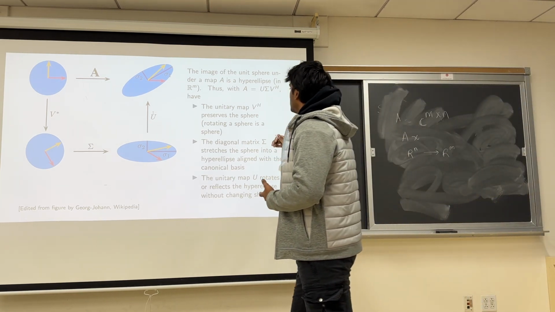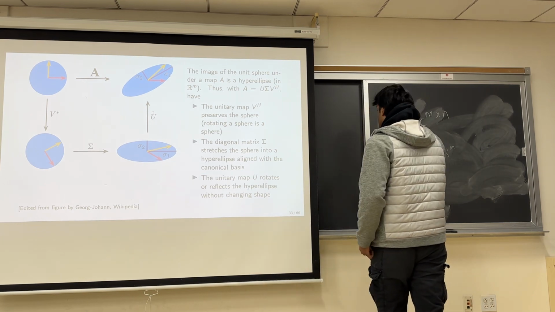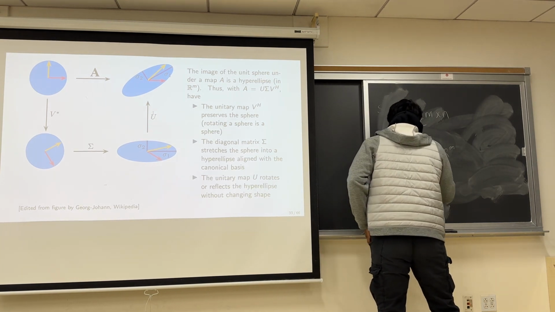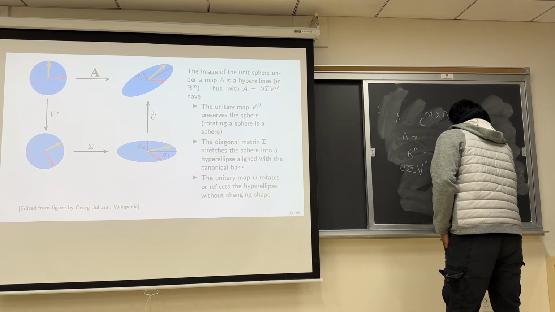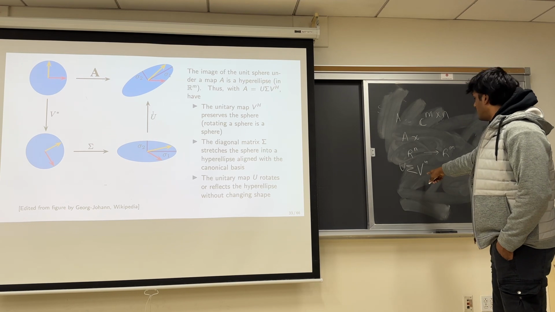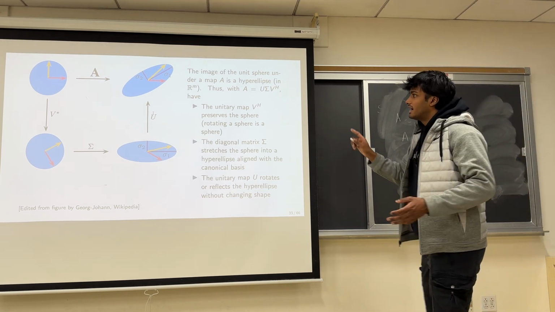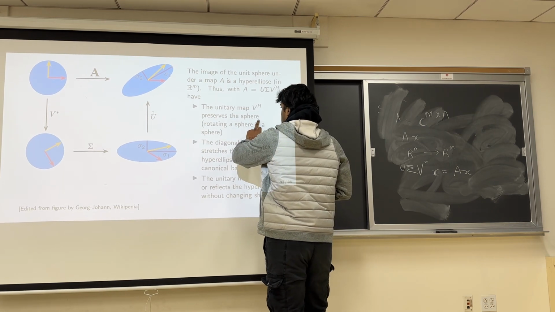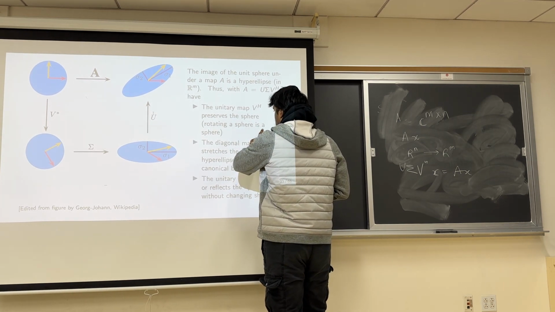So let me write A as U sigma V Hermitian. U sigma V Hermitian times x is equal to Ax. The first thing that happens is I apply V to x, and that V is just a unitary map which preserves the shape. Rotating a sphere is a sphere.